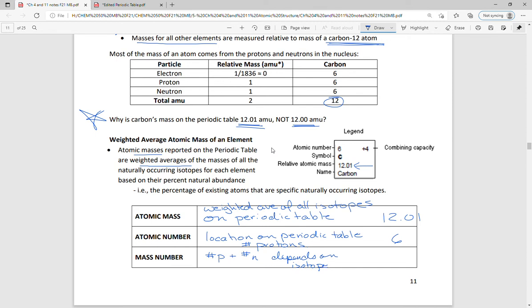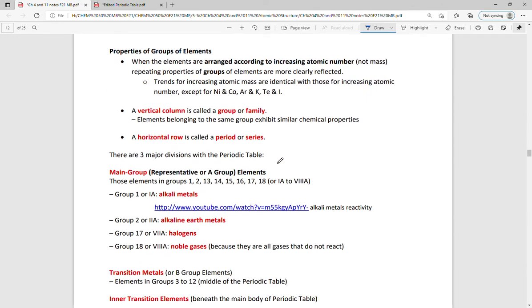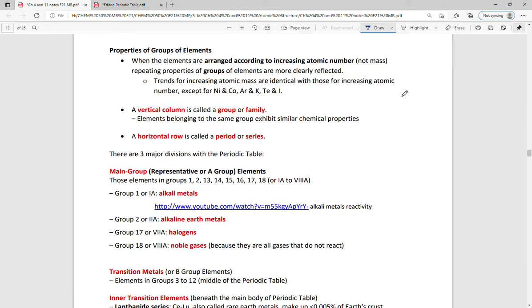For carbon, I can't say. Sometimes it's 12, sometimes it's 13, sometimes it's 14. Those have all been examples that we've had with carbon, but that's not something that we're pulling off the periodic table. It was something that developed our concept of these subatomic particles, but it's not something that's on the periodic table. If we were to take a look at the periodic table, there are properties of the groups of elements.